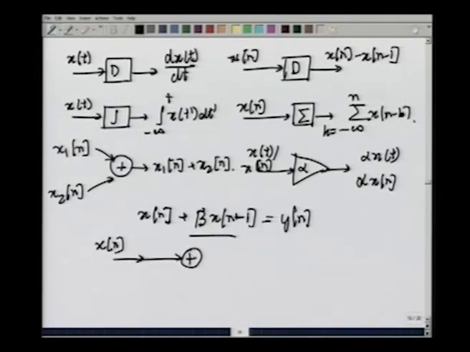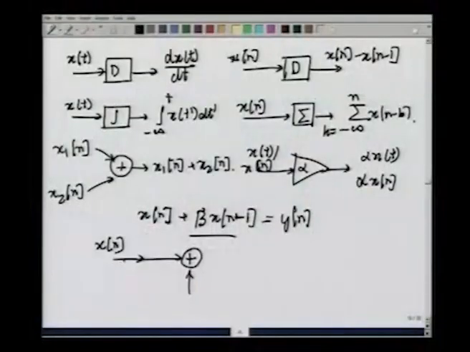Fine. Now, what is the other thing that we need to add to it? What we need to add to it is beta times x[n-1], but we do not have x[n-1] available right now. We will have to make it by taking x[n] out of here, putting it in a D block, so that what you get here is x[n-1]. Now, this is only x[n-1], we want beta x[n-1].